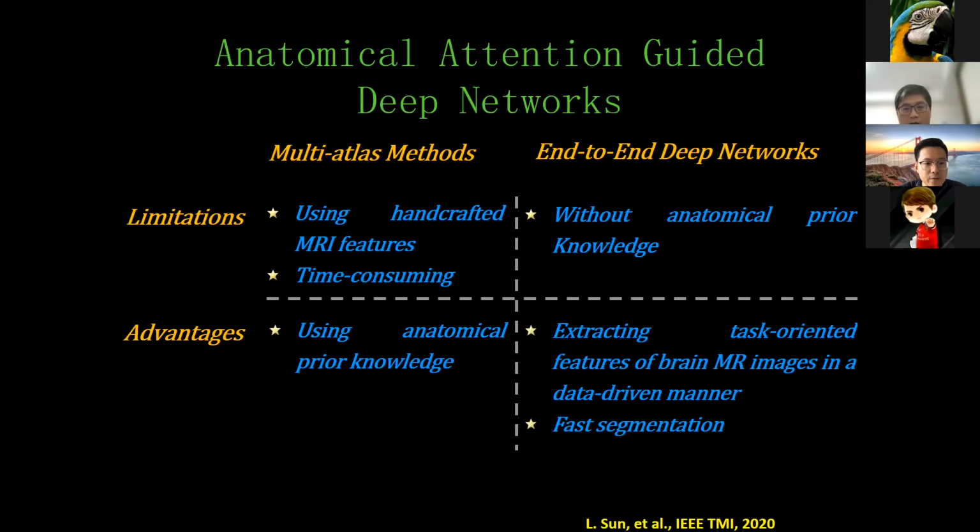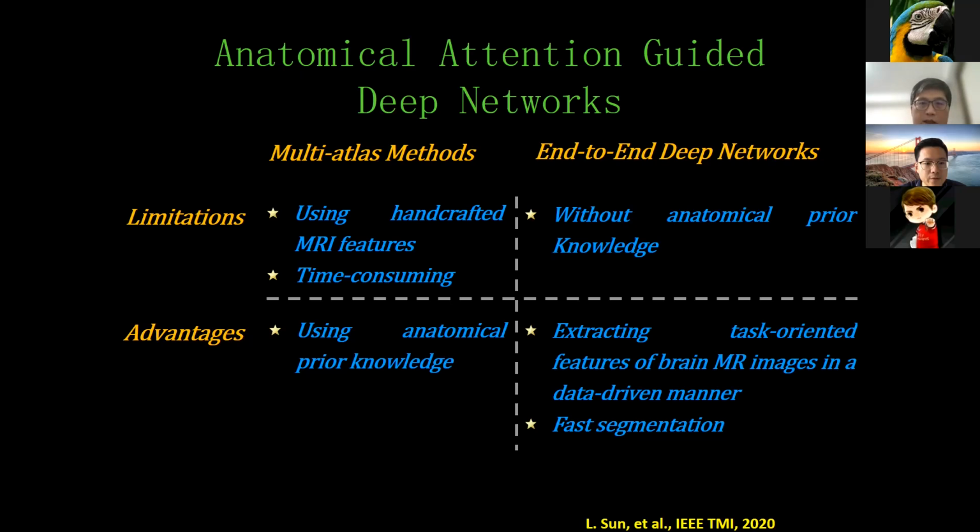Also, last year, we proposed an anatomical attention guided deep network. Multi-atlas based methods have the advantage of using anatomical prior knowledge, but their shortcoming is they only use handcrafted MR features, and usually the method is very time consuming.